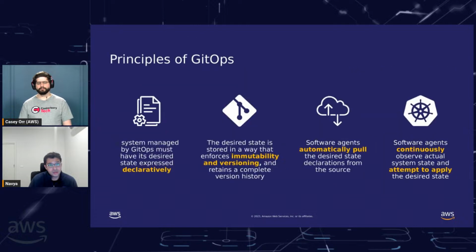Cool. Let's go ahead and talk a little bit about principles of GitOps. They're basically very straightforward and simple. So a system managed by GitOps must have its state expressed declaratively. Basically, what I was talking about was having a desired state, understanding the whole complete setup of the deployment of the application is very important, rather than just the difference that has to be deployed as well.